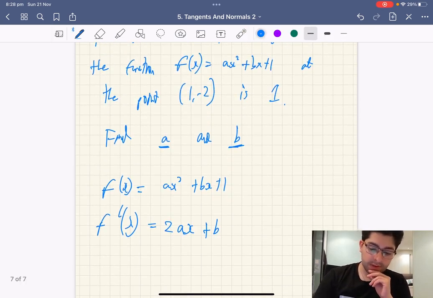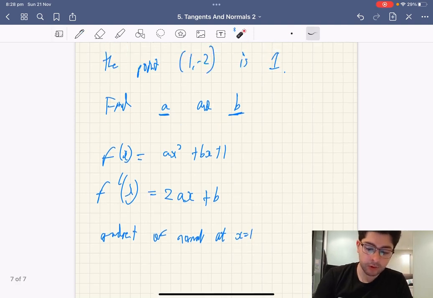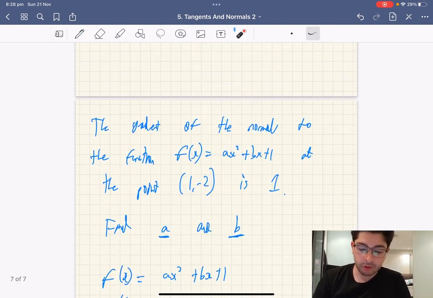Now let's rewrite this. We know the gradient of the normal at x equals 1, because it's at (1, -2), so that's when x equals 1. The gradient of the normal at x equals 1 is positive 1.